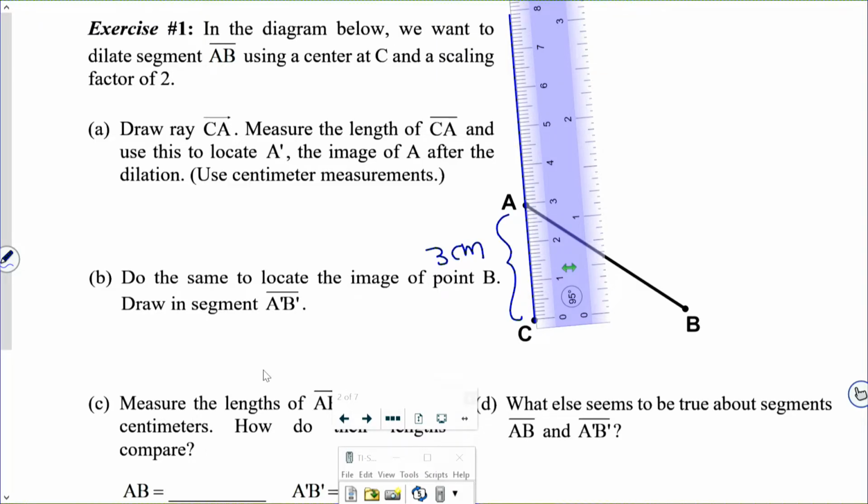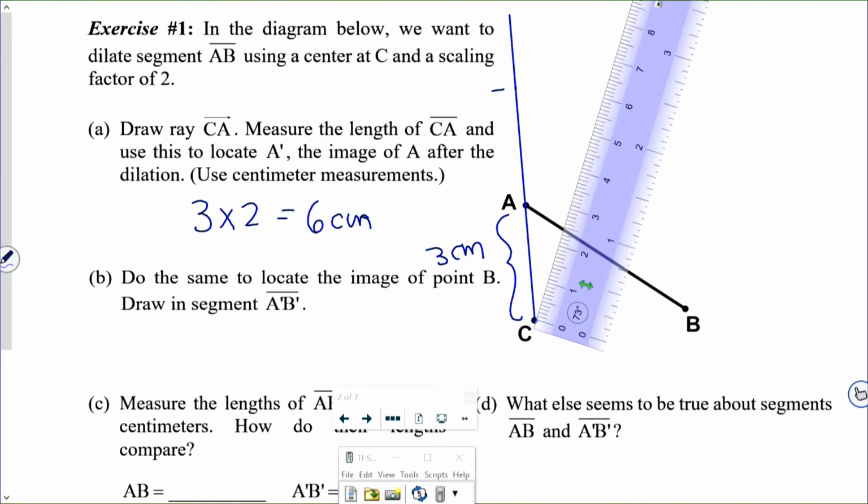Now what we know about the dilation is that the new A, the A prime, should be 3 times 2, or 6 centimeters away from the center. So my A prime is going to be right there.